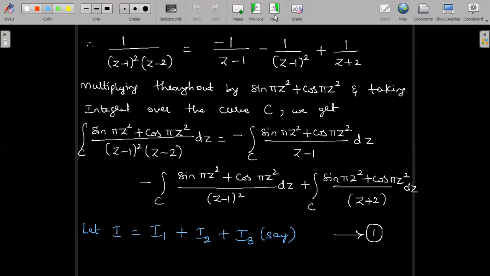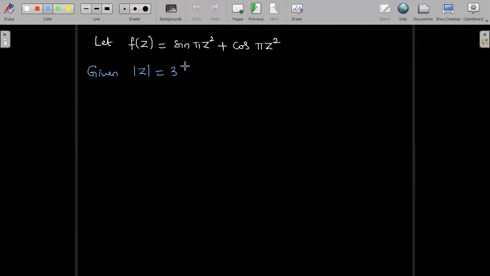So mod z equal to 3 represents a circle with center at the origin and radius equal to 3. This is the given circle.